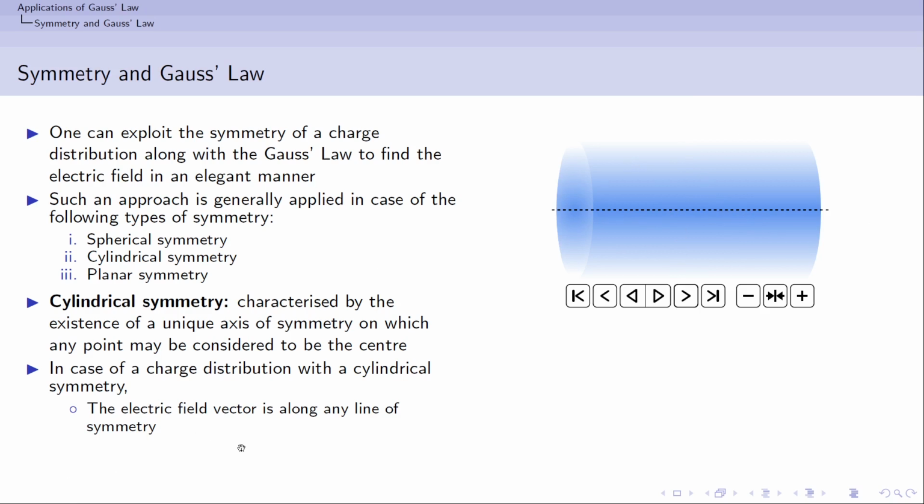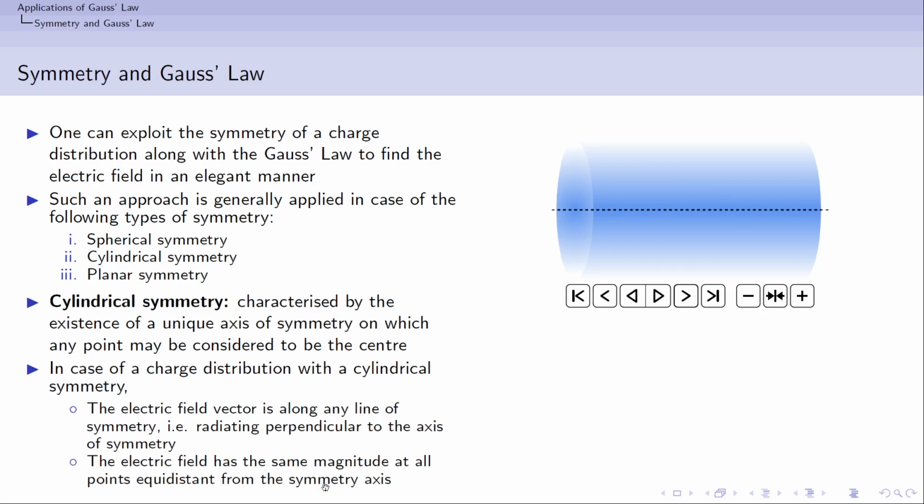That will be the direction of the electric field vector, and the electric field has the same magnitude at all points which are equidistant from the symmetry axis. So if I have a point at a certain distance a, and another point at the same distance a, the electric field at this point and at this point will be the same.